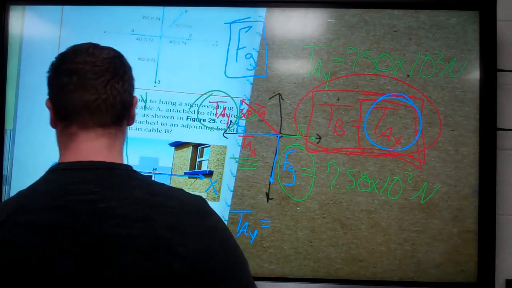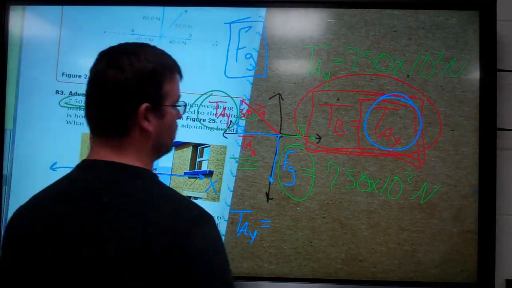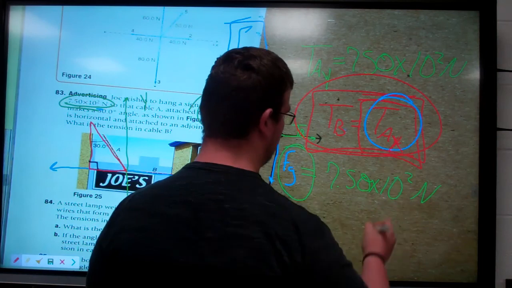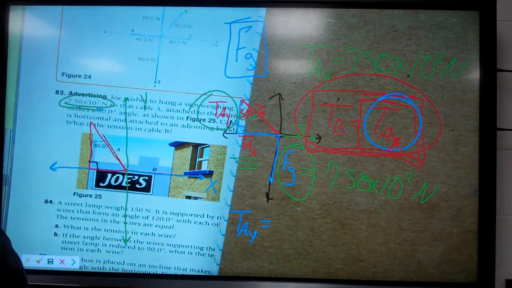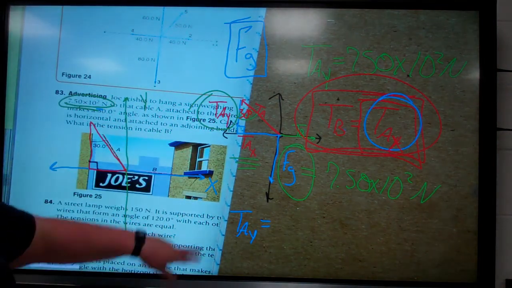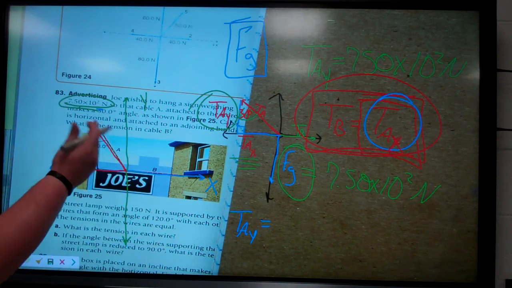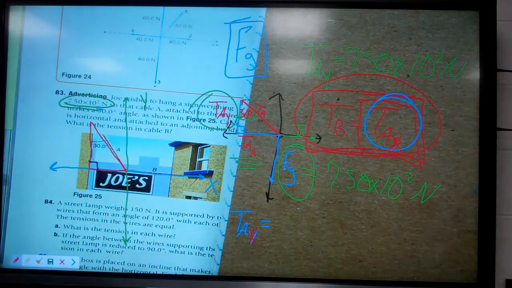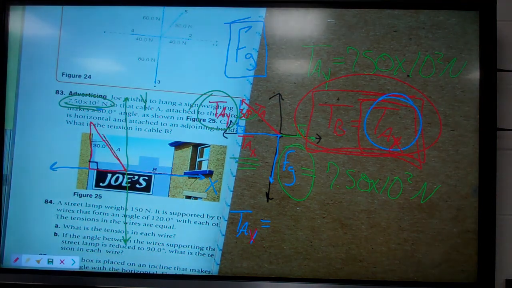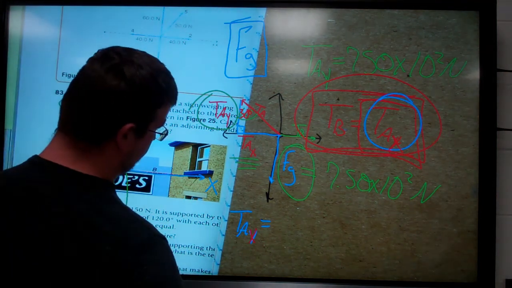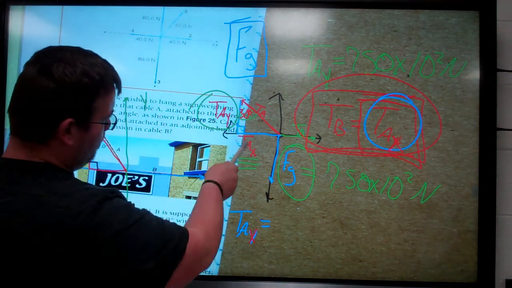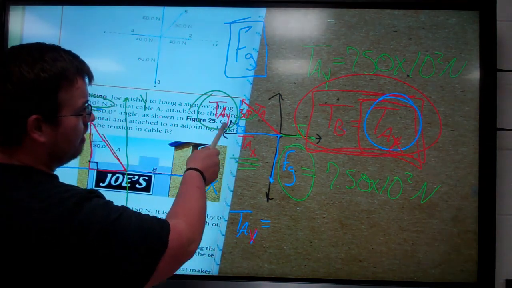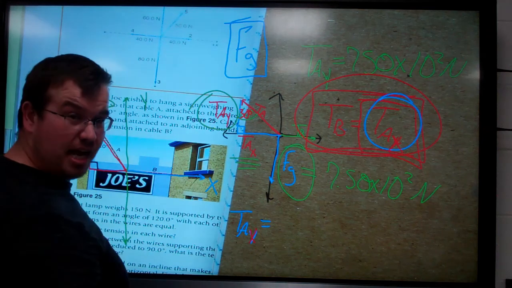That's X, I meant to put X. Tension of A in the X direction is equal to tension of B. So I have to find tension of A in the X direction. I have this, which is opposite, and this, which is adjacent.